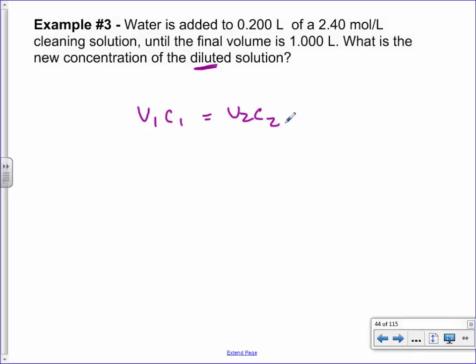The biggest struggle with this then is, where do numbers go? So this is the before you dilute, and this is the after you're done diluting. So do we know what we had before we added water? Yeah, we had 0.200 liters, and it was 2.40 moles per liter.